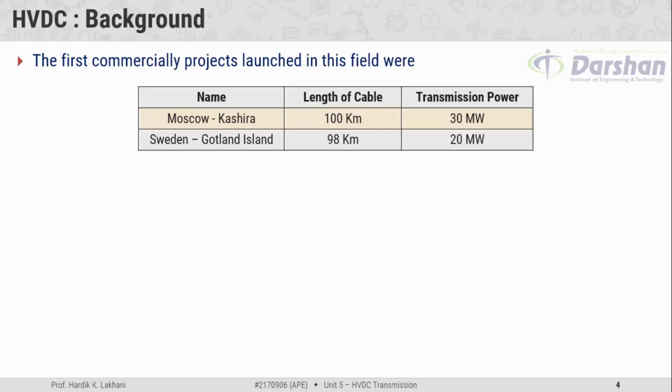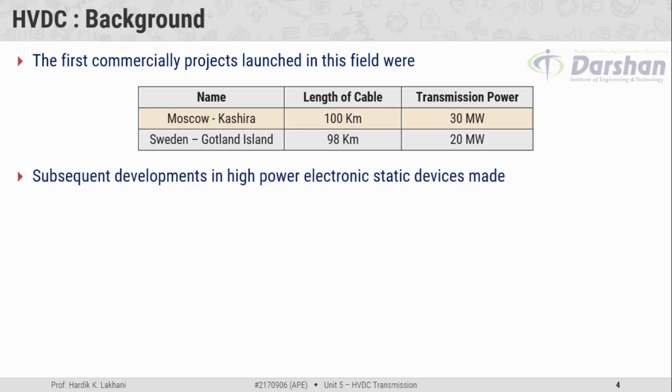The second project was between Sweden and the Gotland island, the island which is nearby Sweden. The length of the transmission line was 98 km and the transmission capacity of that system was 20 megawatt. So these are the two initially launched commercial projects in the field of HVDC.